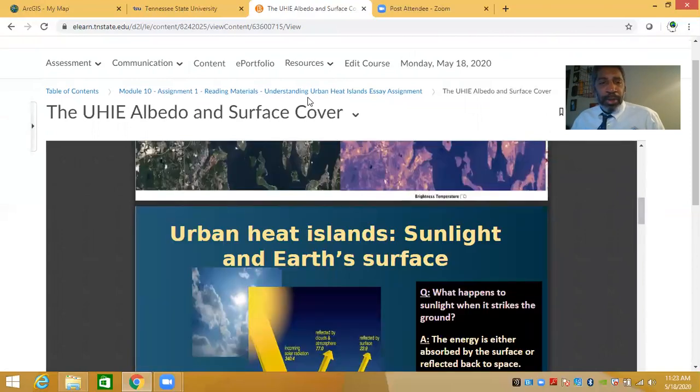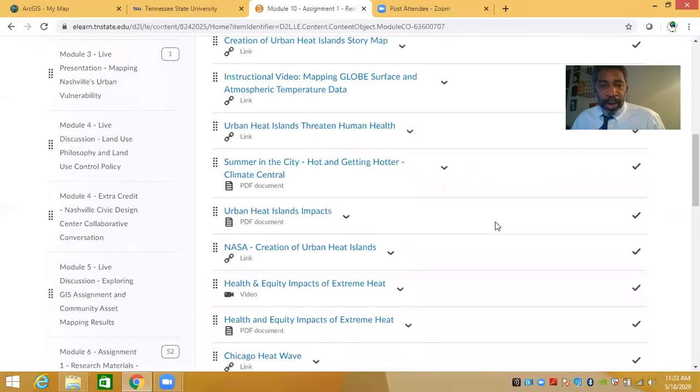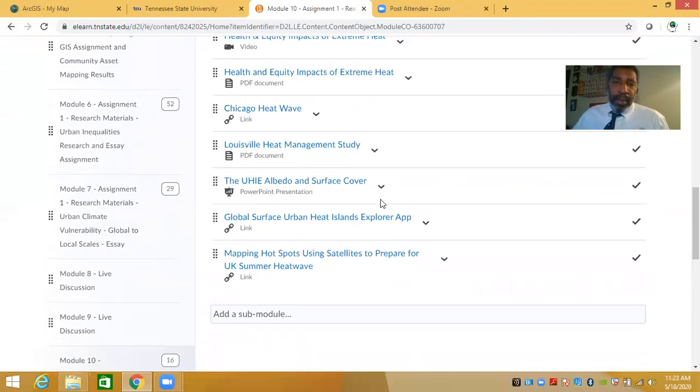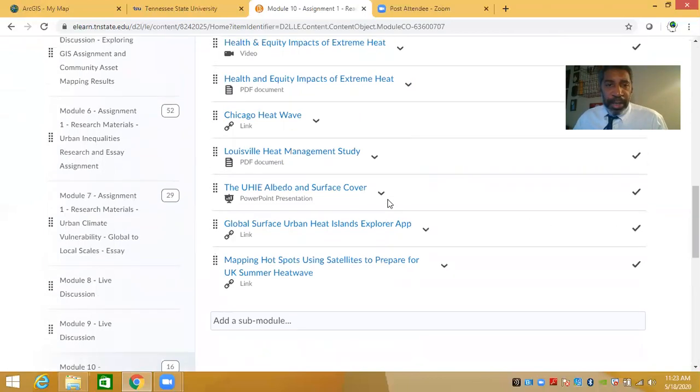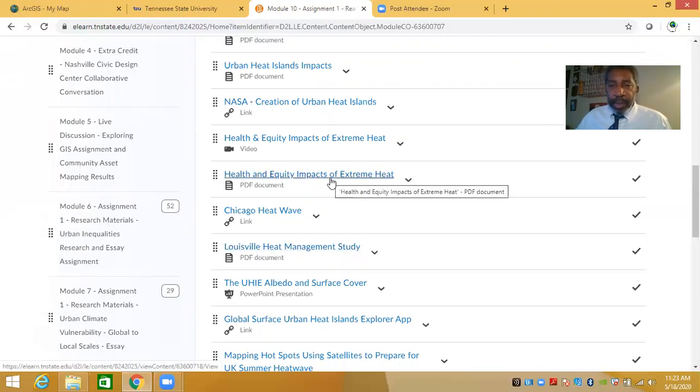And then, of course, there are readings on urban heat islands mitigation. We have the Louisville Heat Management Study. Then there's this document, Health, Equity, and Impacts of Extreme Heat.